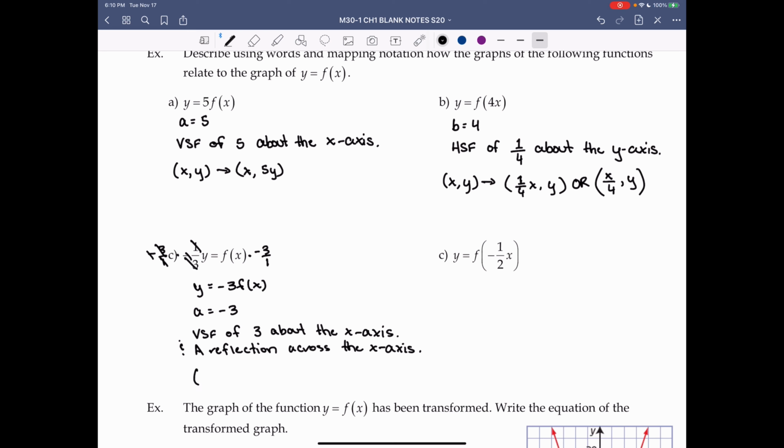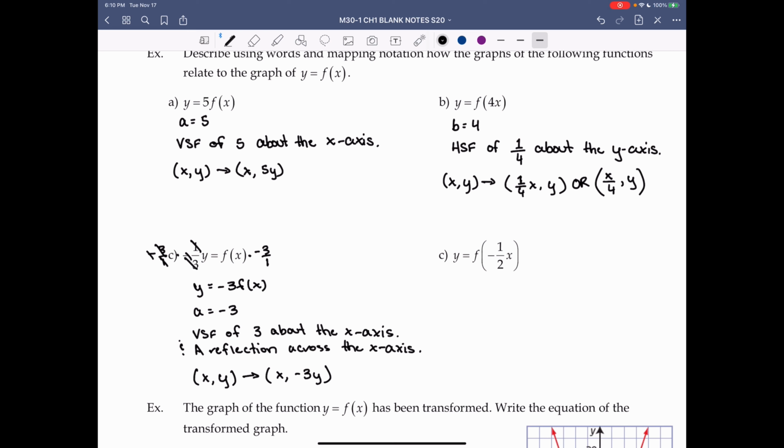Then a point x, y on y equals f of x would become the point x, negative 3y for the function y equals negative 3 f of x.